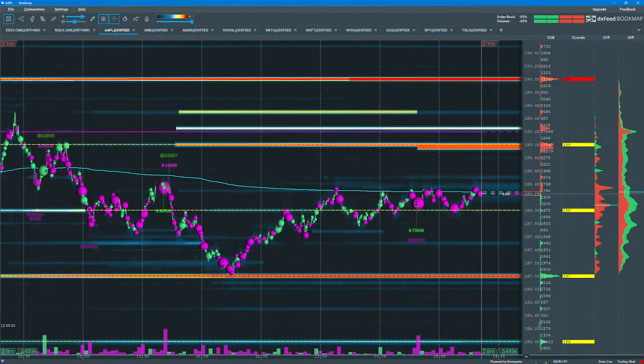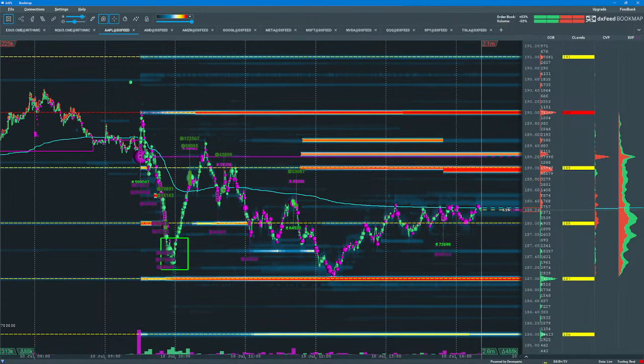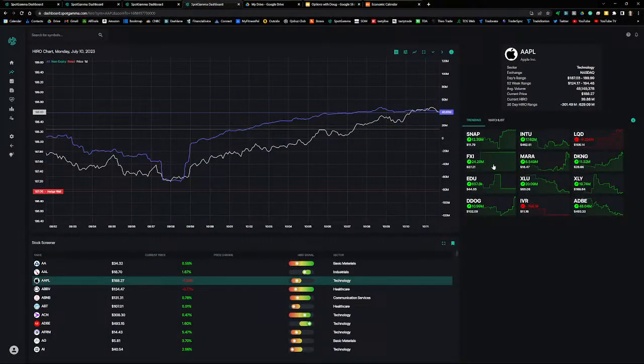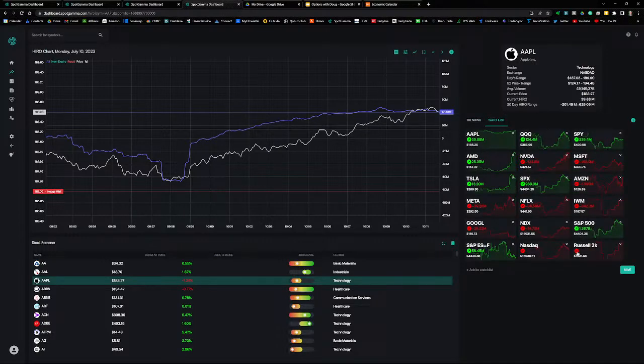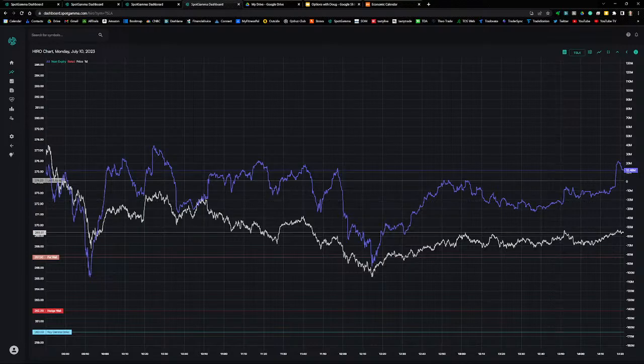And there was a question about the put wall breach for Tesla. So let's go take a look at Hero for Tesla again. All right, so the put wall breach happened later on. So here's the put wall for Tesla at 267.